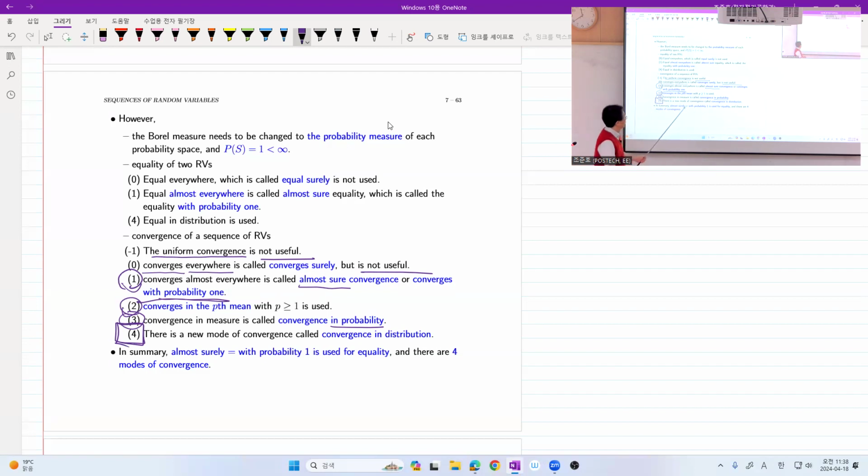Similarly, we have convergence in distribution. Got it? So there are 4 modes or versions or different definitions of convergence of a sequence of random variables to a random variable we are interested in. First, almost sure convergence. Second, convergence in the p-th mean. Third, convergence in probability measure or convergence in probability. And finally, convergence in distribution. You have to differentiate these 4 definitions.